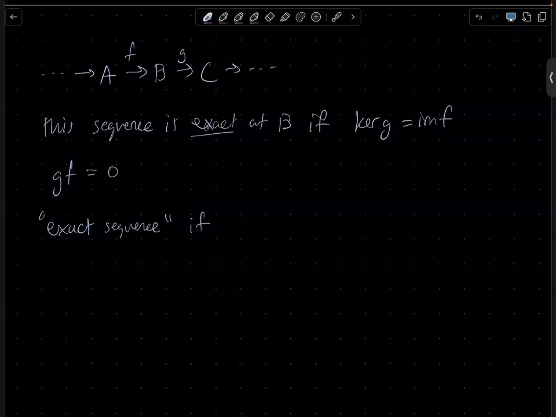I'm actually not sure. Because now, if I'm just looking at an abelian category, kernel G and image F are just objects. We can still talk about natural in the sense that if you have a morphism of chain complexes, then kernel G becomes like a functor.